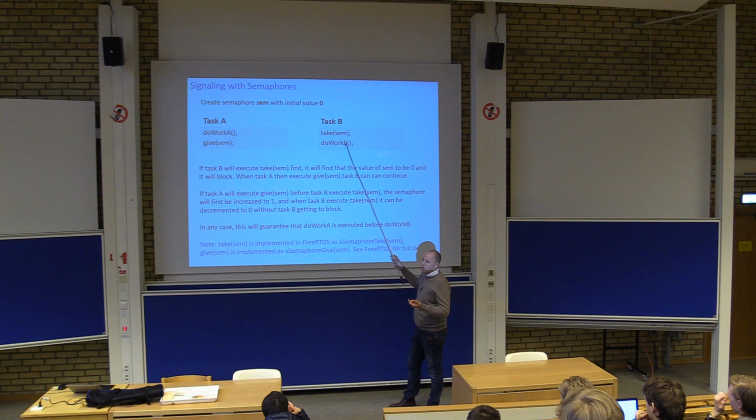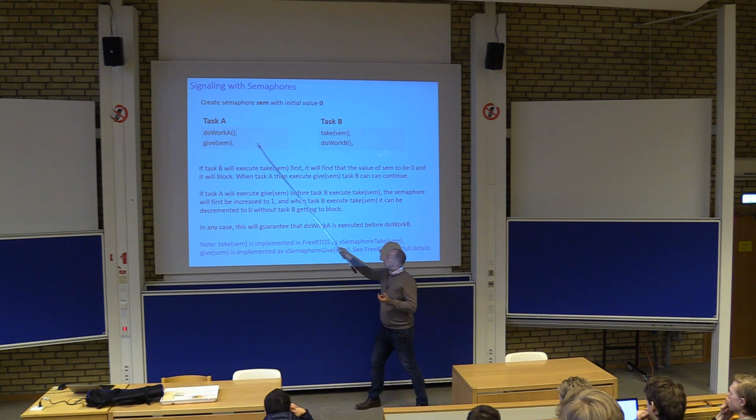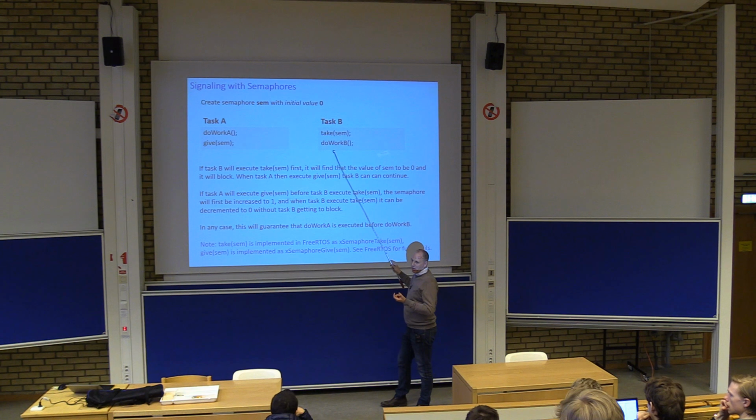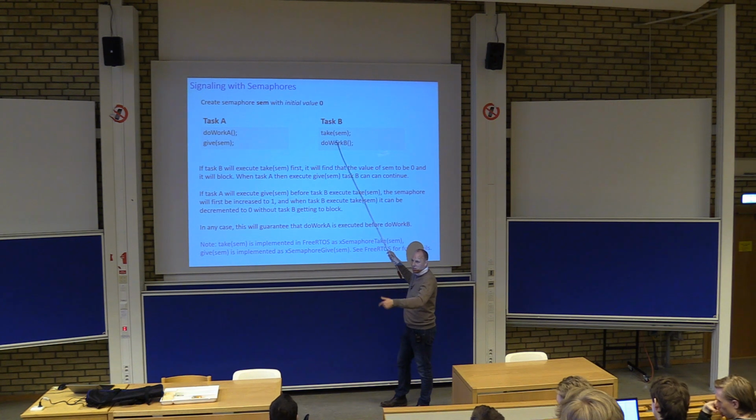So let's say task B was the only one that blocked on the semaphore. That means that task B will now, when we have executed this instruction, be ready to execute again, and it can continue. So at some point in the future, the scheduler will schedule it for execution, and it can continue to do its work.